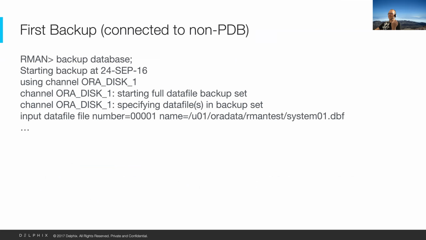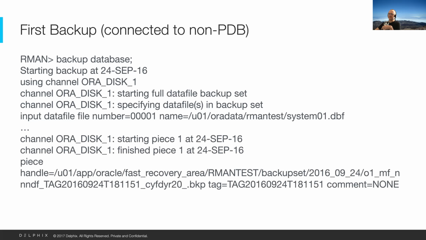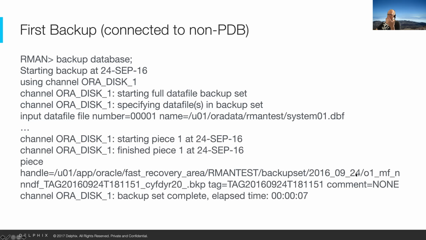We told it already, a database, so we don't need to specify the data files or anything like this. RMAN will read the control file, and it will know what to backup. When it's finished, you will see, okay, my backup has been created in my fast recovery area. That's my database name. Backup set, that's the backup type, and there is a date when it was created and how long it took to backup the database.